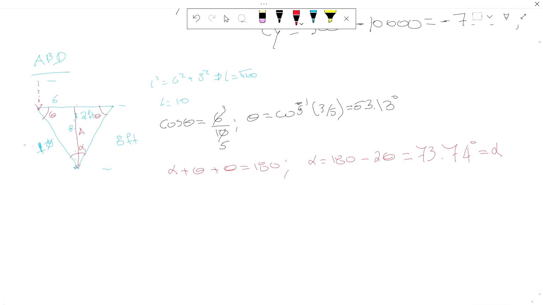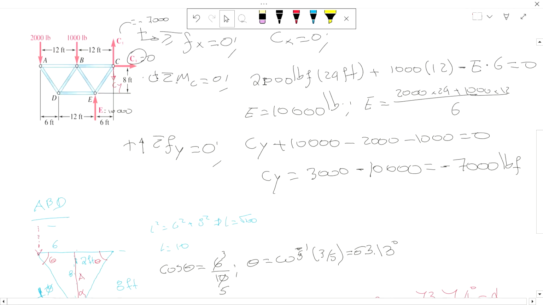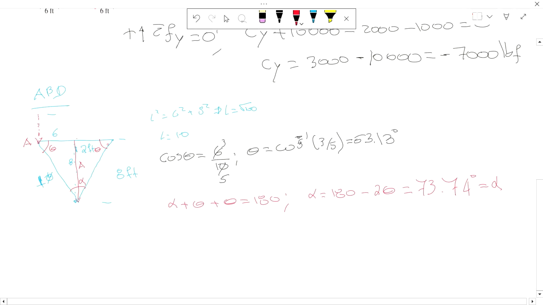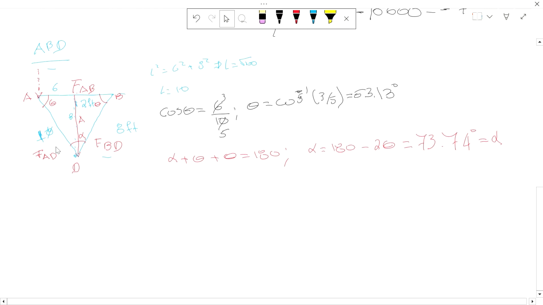Remember that right here we have points A, B, and D. This is force A to B, or force B to A. This is force B to D, and this is force A to D. Since we have the angles, we can find the forces pretty easily.